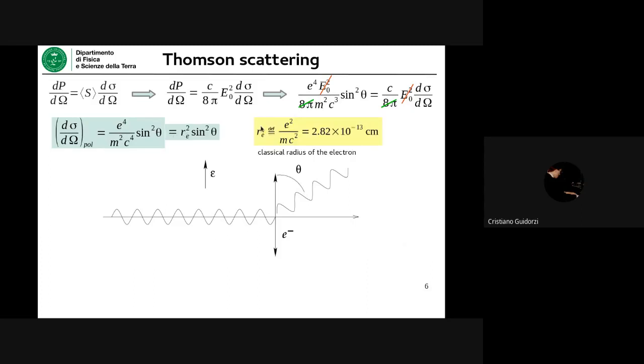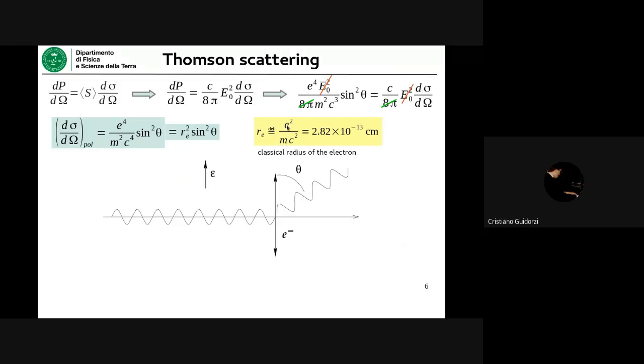And this is indeed a quantity which is very important, which shows up. So in the case of an electron, we're still considering an electron. This is called Re, the classical radius of the electron. And it is defined as its charge squared over its rest energy, mc squared. In the Gaussian system it's straightforward to see that this is indeed a length.